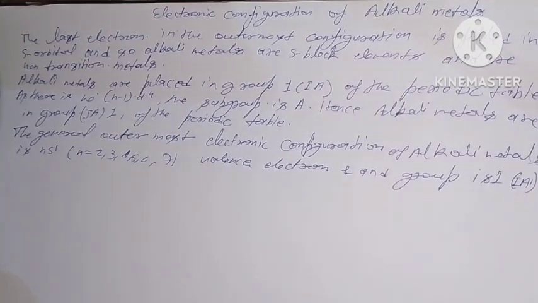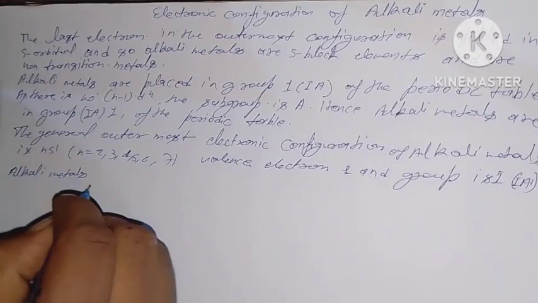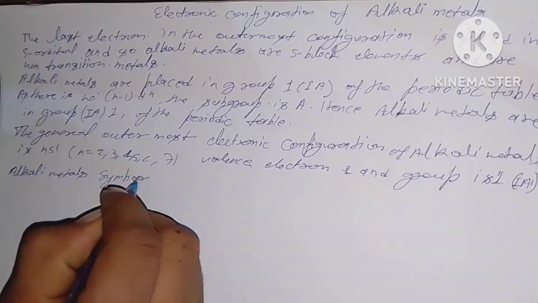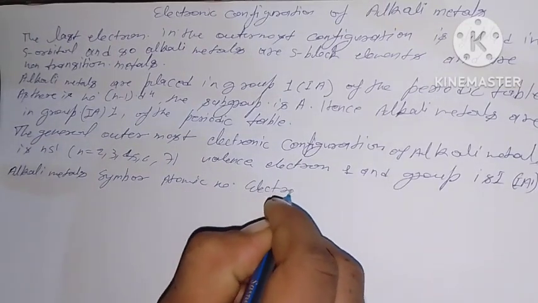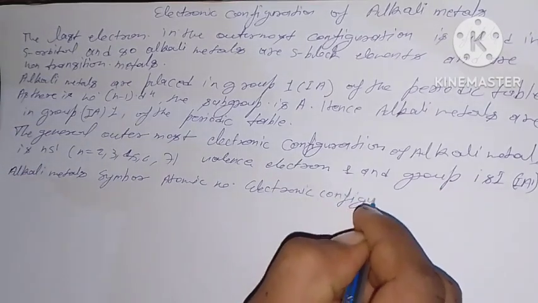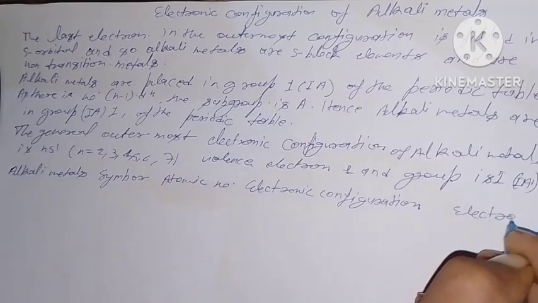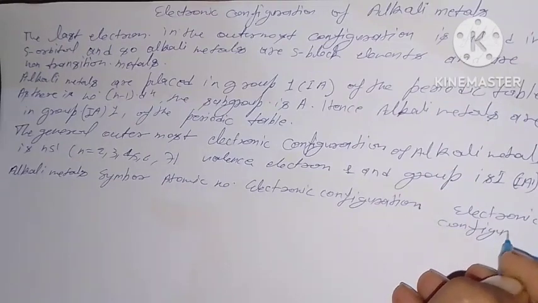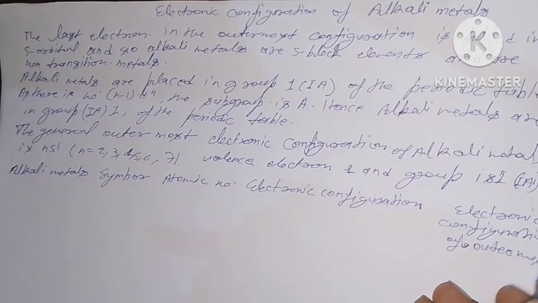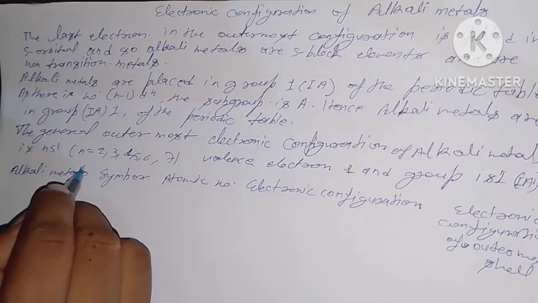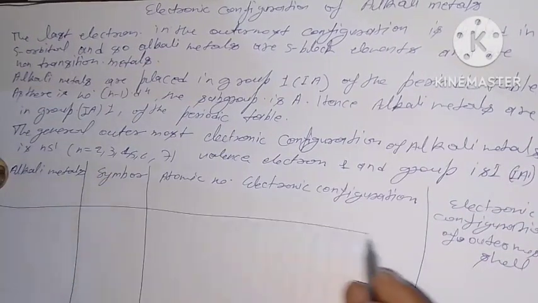Now the electronic configuration of alkali metals in a table: alkali metal, symbol, atomic number, electronic configuration, and electronic configuration of the outermost shell.